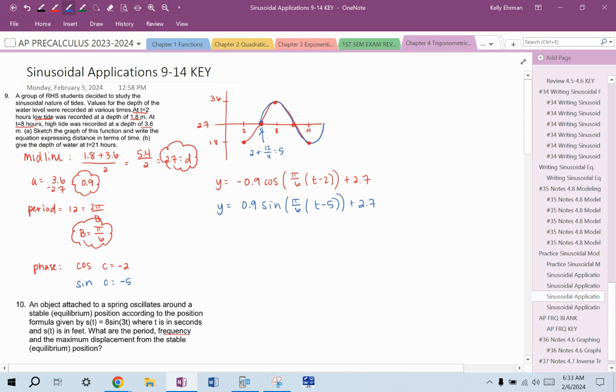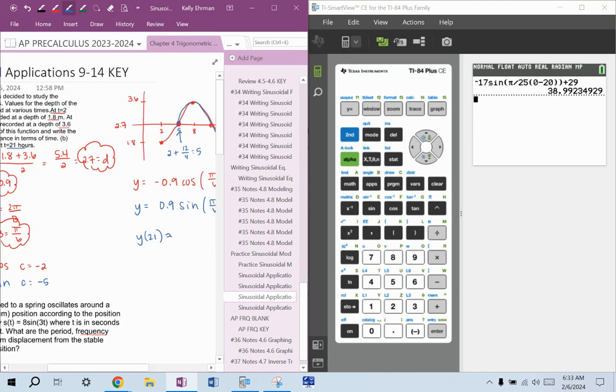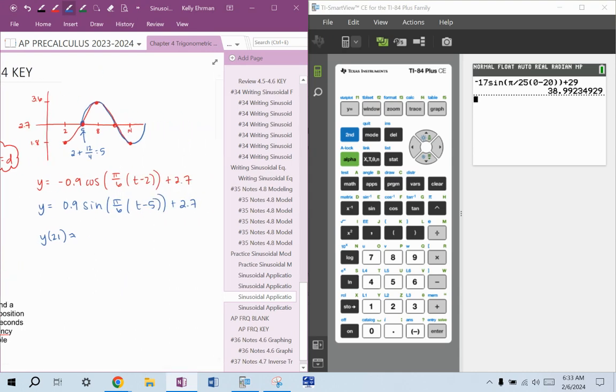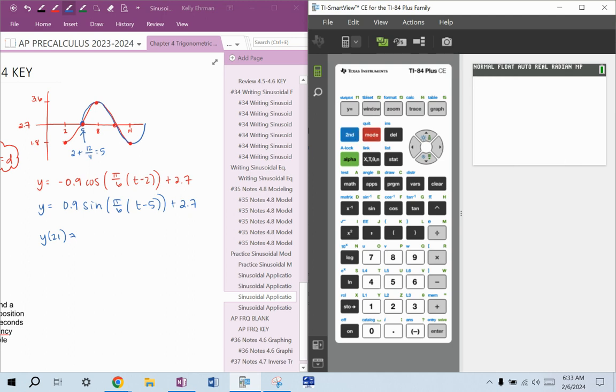And then the second part of this was give the depth of the water at 21 hours. So find y of 21. On my calculator, you need to make sure that you're in radian mode. If not, go to mode and switch it. And type in either one of these two functions. So 0.9 times the sine of pi over 6.